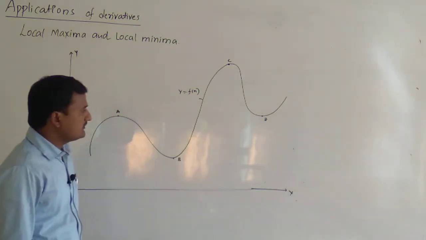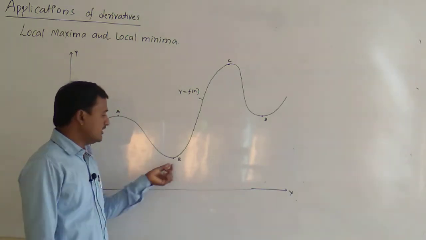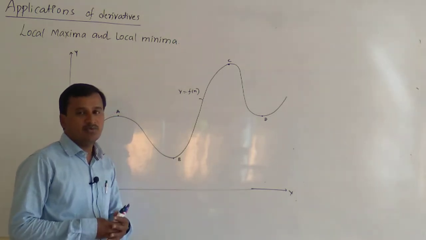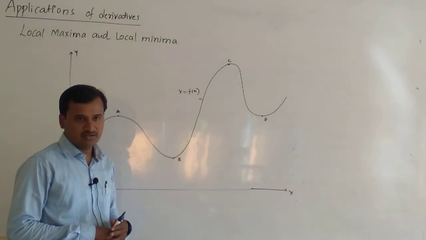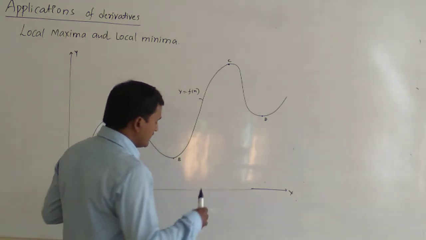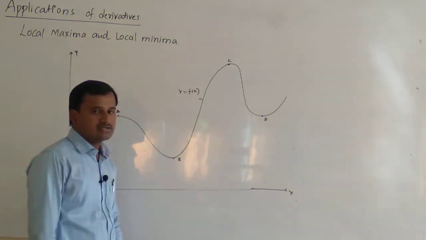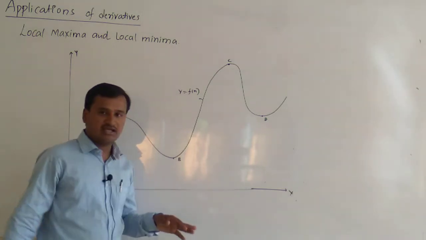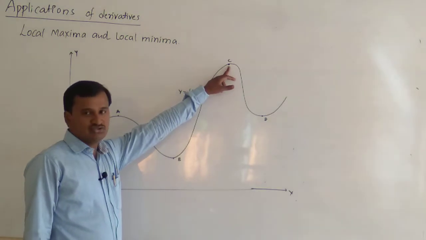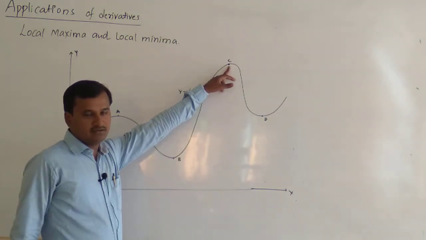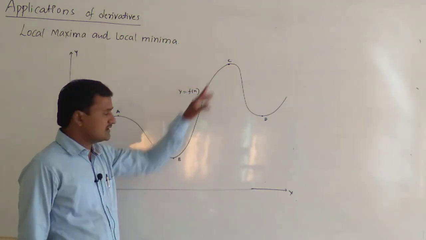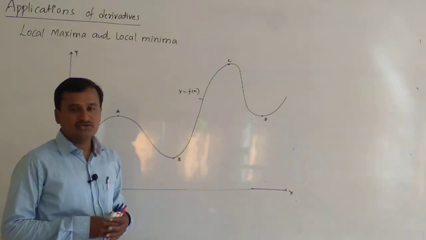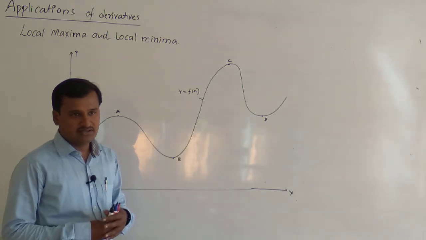And if you take the point B, this gives the minimum value of the function. So y is equal to f of x is defined on this interval, C gives the maximum value, and B gives the minimum value, right?